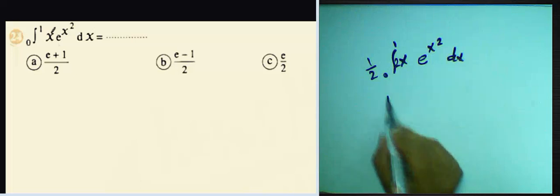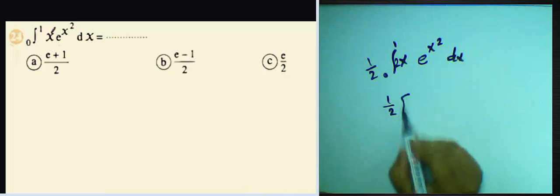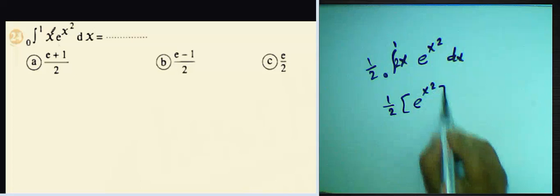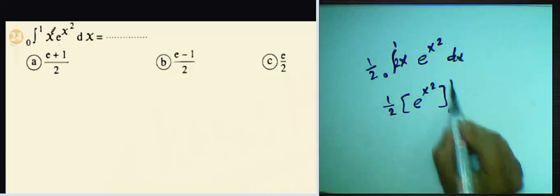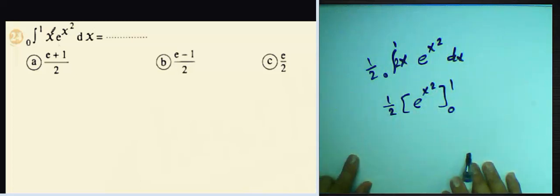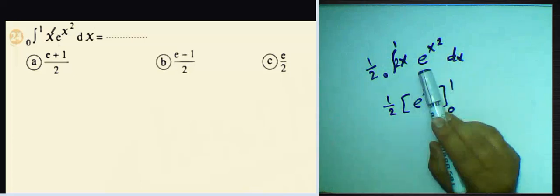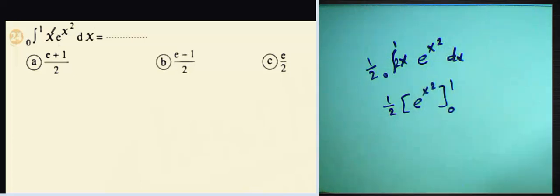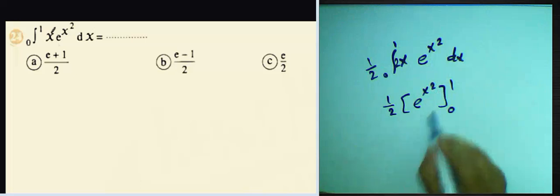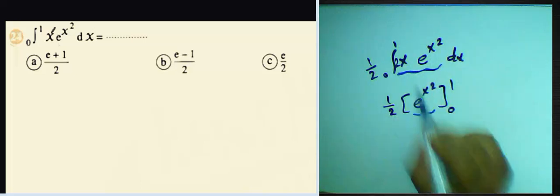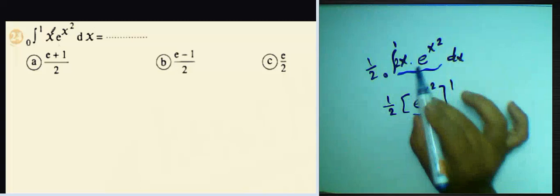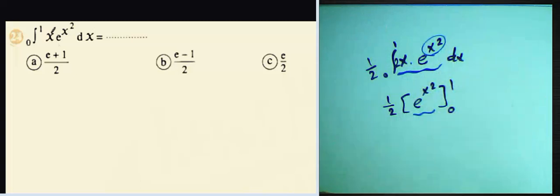We can write half outside as a constant, and the function e power x power 2 behind it, over the interval from 0 to 1. Because the derivative of e power x power 2 is 2x multiplied by e power x power 2. The integration of the function is the same function multiplied by the derivative of the power behind it.